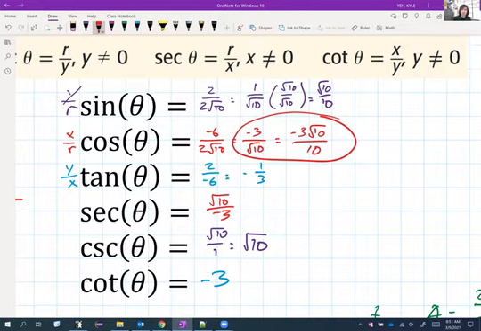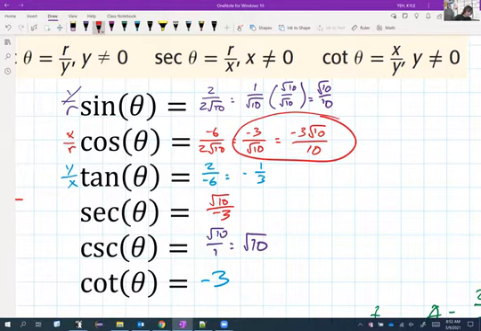Unlike above in purple where I wrote it out multiplying by √10 over √10, if you are starting to see these patterns and it becomes automatic for you, you don't have to write out what you're multiplying by in this specific instance. I know I'm always on you guys about showing your work, showing every step, but this is one of those things where if we do it 5, 10, 100 times this chapter, then it's okay if you've done it the first 50 showing your work. I know that the next 50 you know what you're doing and you can go straight to -3√10 over 10.